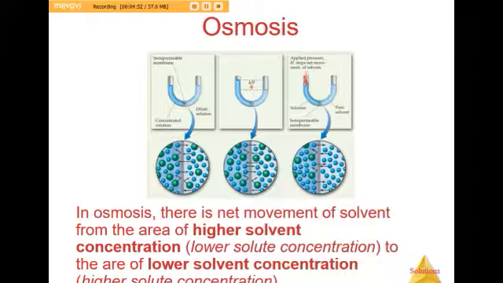So we look at this three panel diagram, and we can see on the left-hand side, we have a concentrated solution on the left and a dilute solution on the right. So when concentration is unequal, water will want to move. They'll want to fix the problem.